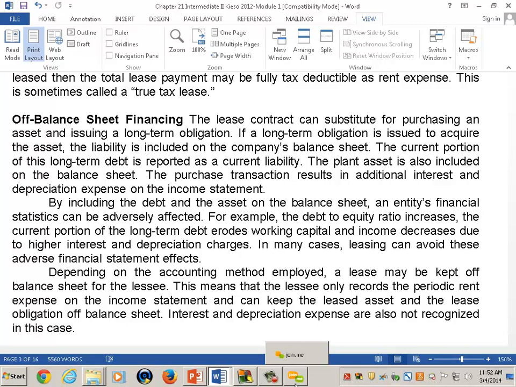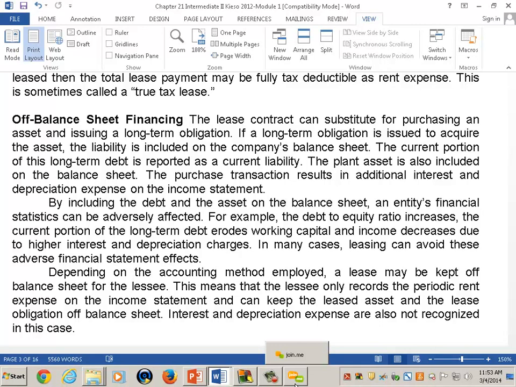So the first thing is whether or not there is economic substance over legal form.